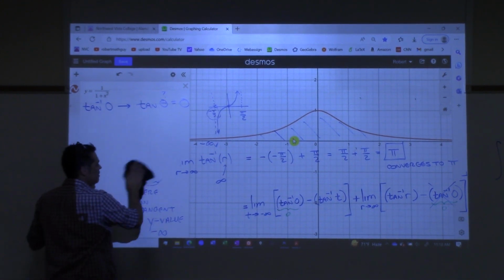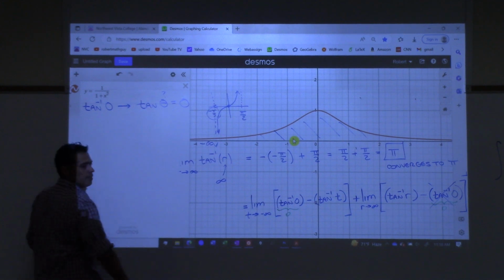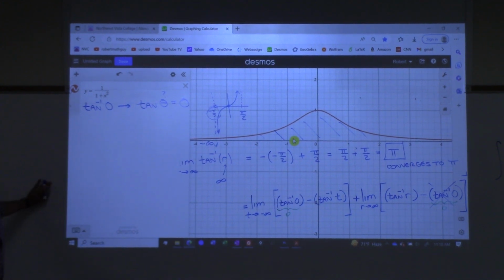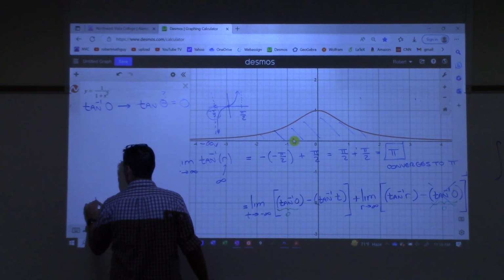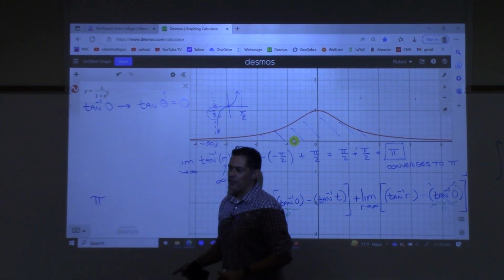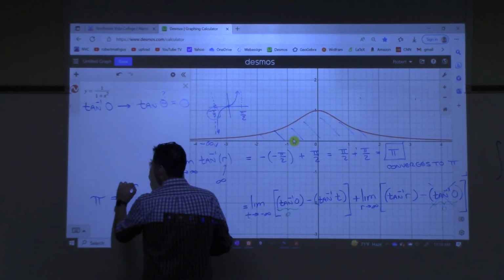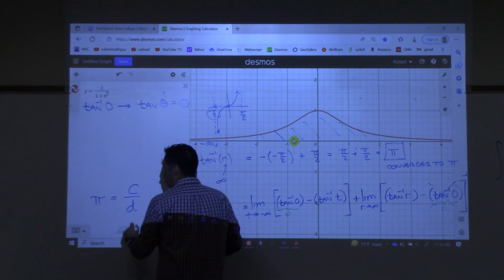Is the integral of 1 over 1 plus x squared equivalent to pi? Only between negative infinity and infinity. So you could say that. If someone said, hey, what's pi? Someone could say, one definition of pi is that you take a circle, take its circumference, and divide it by its diameter.